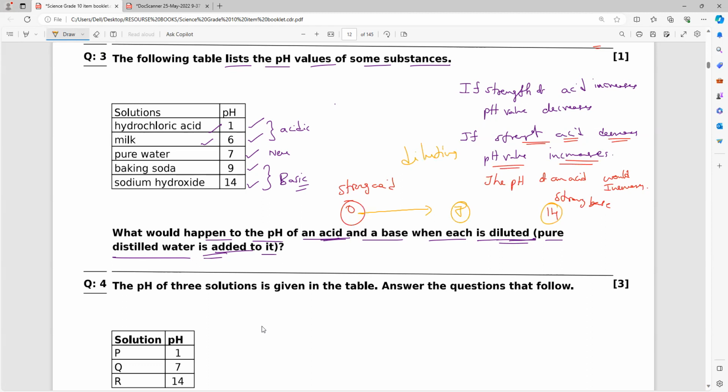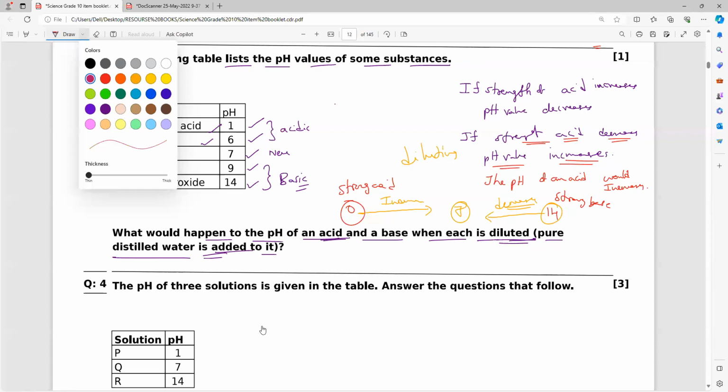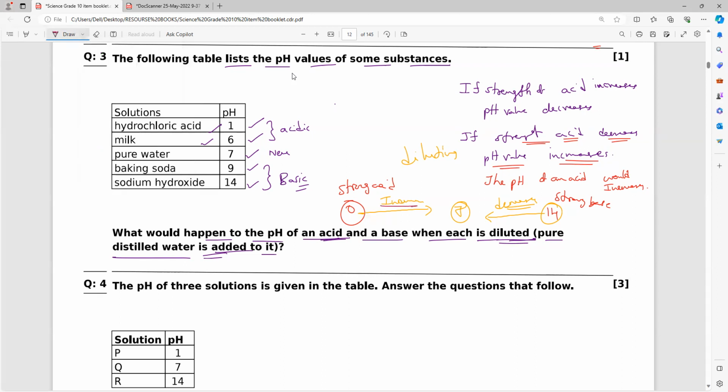By diluting bases, what will happen to the pH value? Decreases. Clear, everybody? So by diluting acids, pH will increase. By diluting bases, pH will decrease.